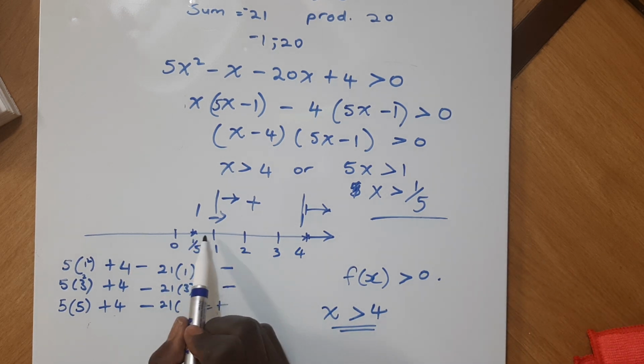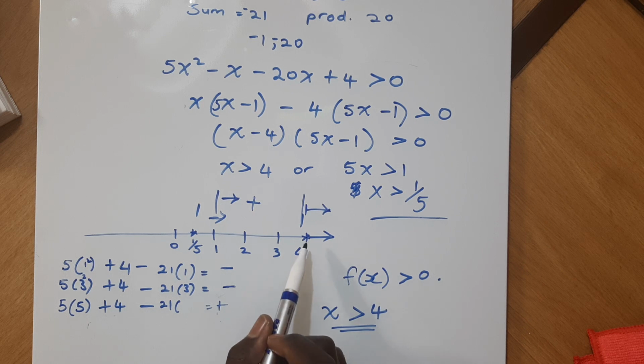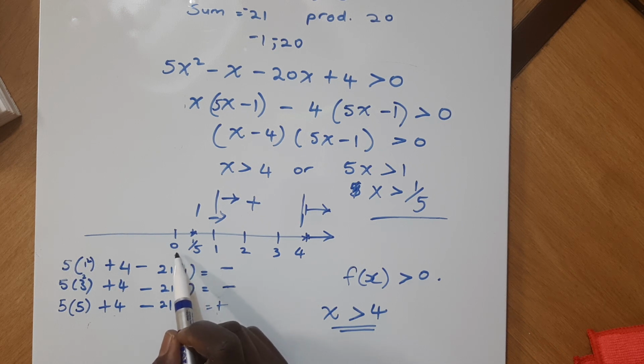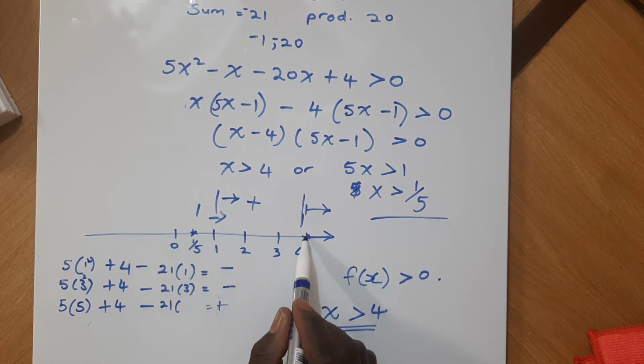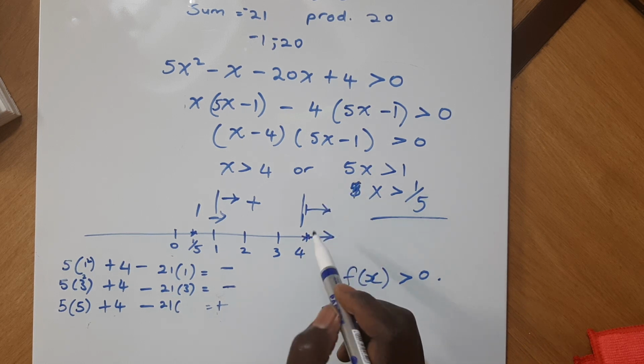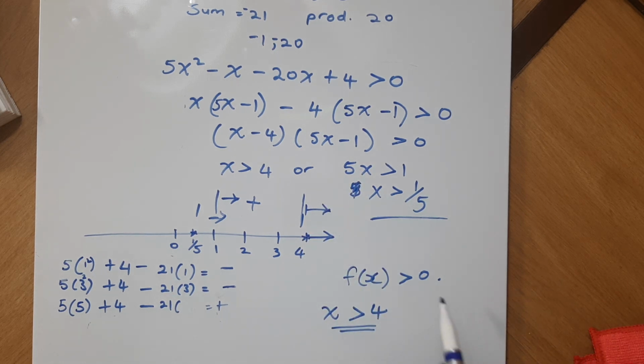In essence, it means that below 4, the function is below the x-axis, and then after 4 does it come above the x-axis. So this is our solution.